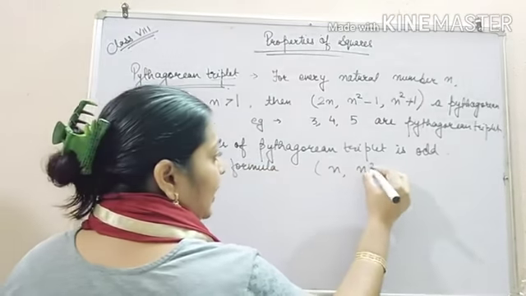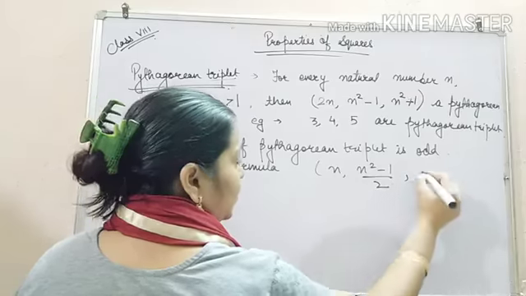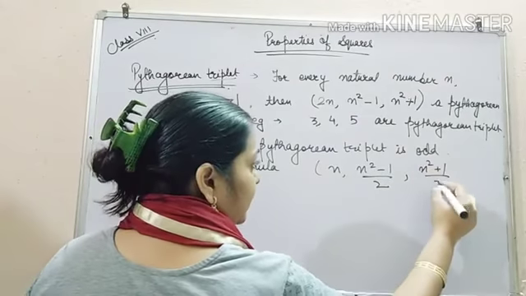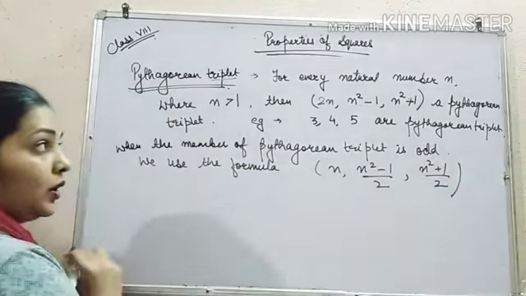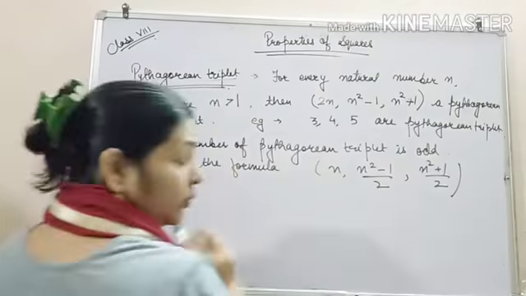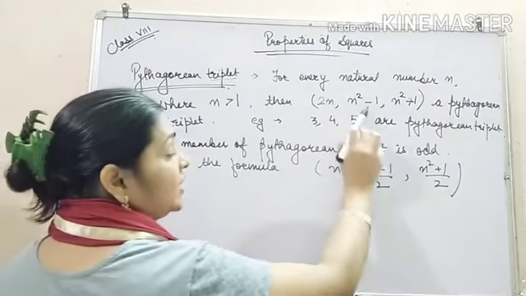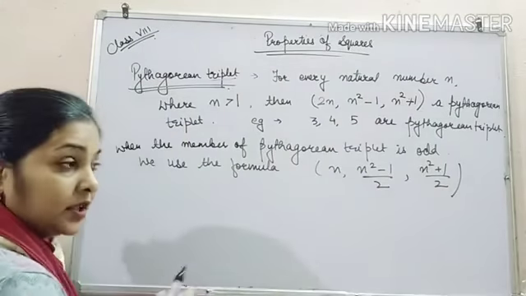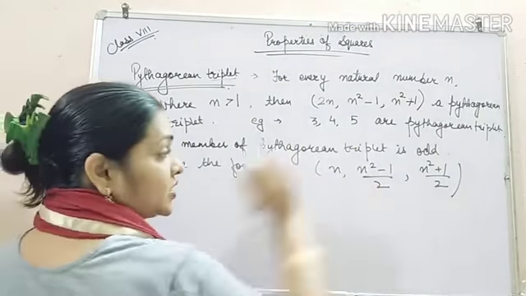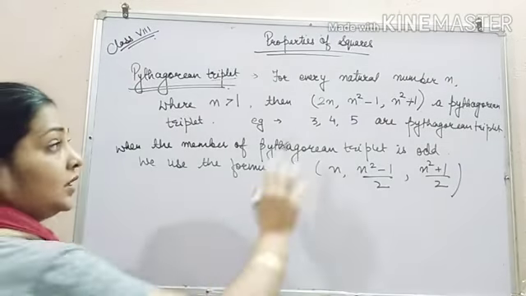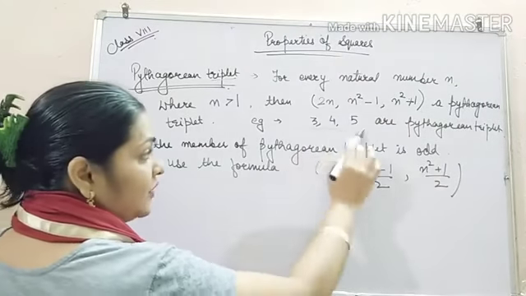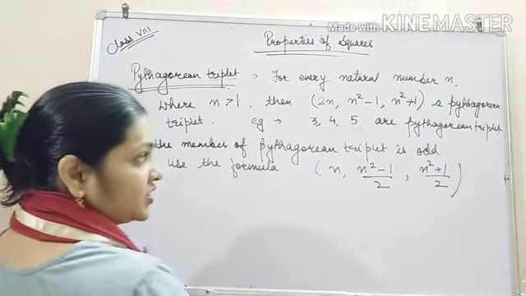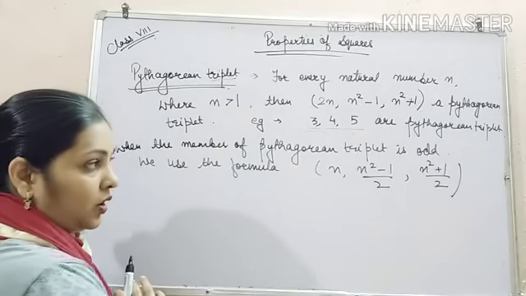is odd, we use the formula n square minus 1 by 2, n square plus 1 by 2. Okay, this is the same formula, just we divided each term by 2. Now you can easily substitute the values and check whether this condition is satisfied or not.